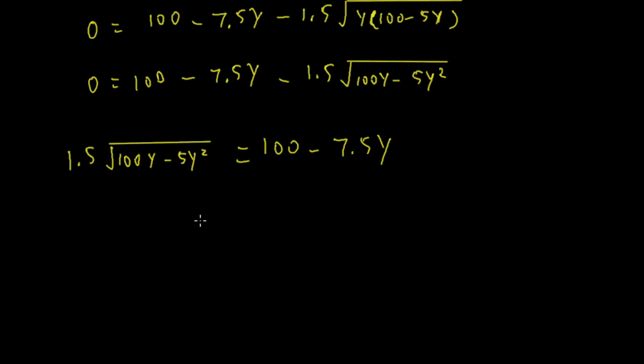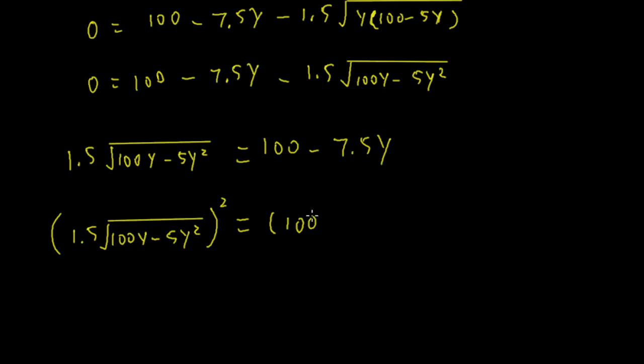I will square both sides, right? Squaring this side is easy too. So 1.5 times the square root of 100y minus 5y squared, take the square. Now this is 100 minus 7.5y, all squared.